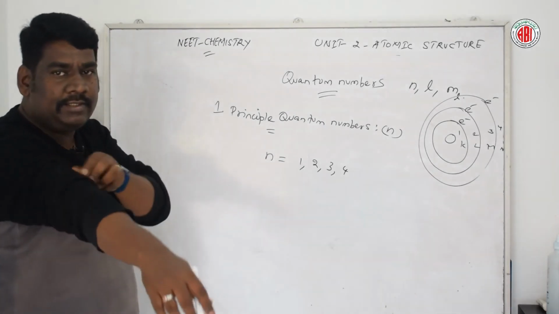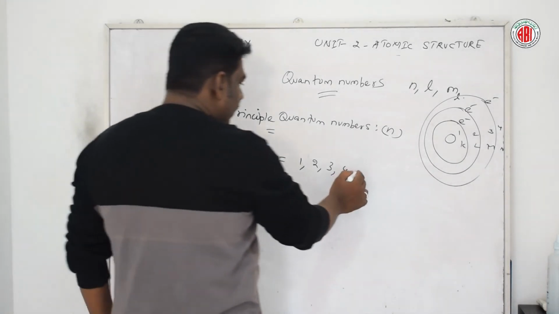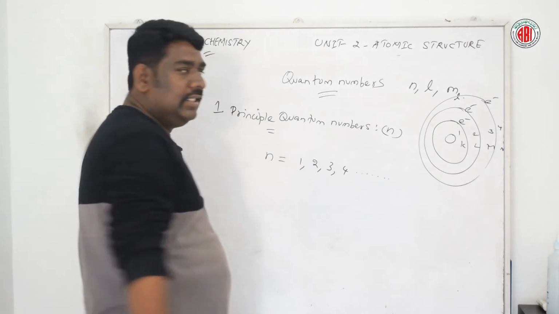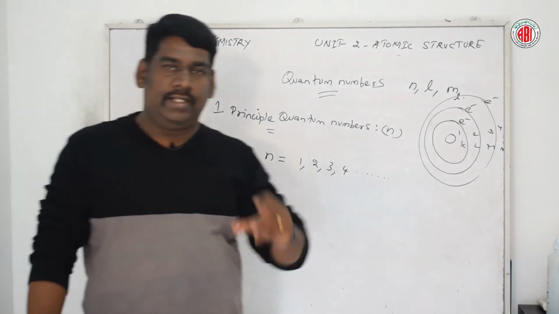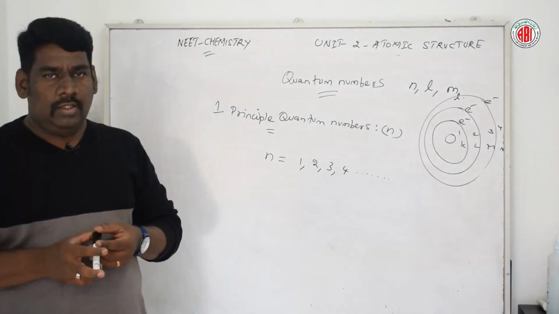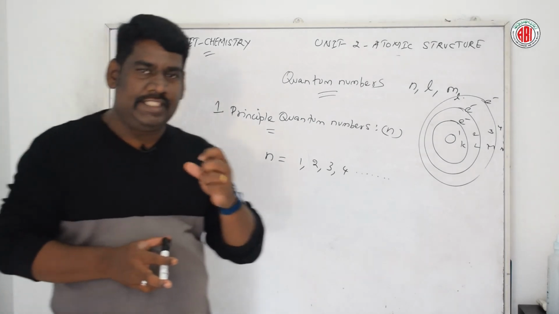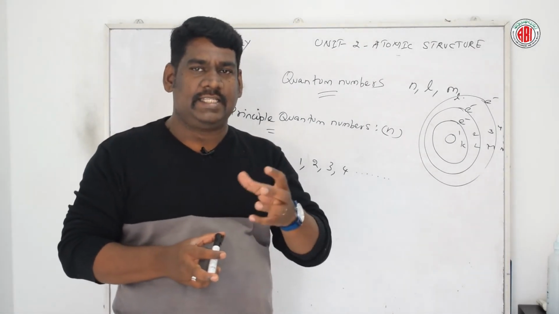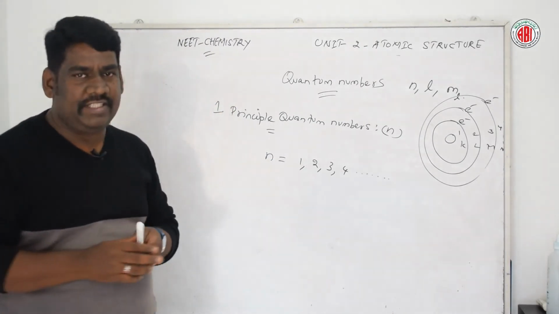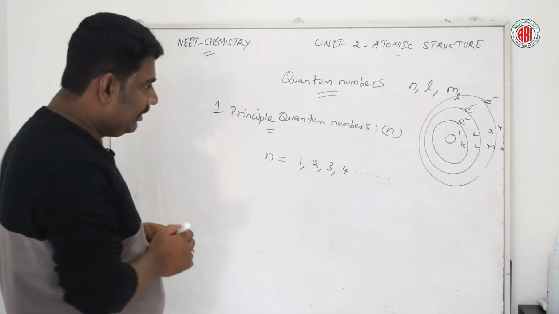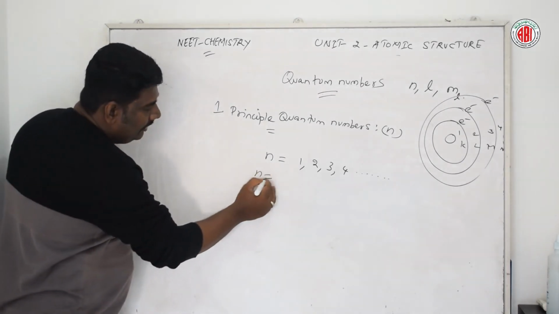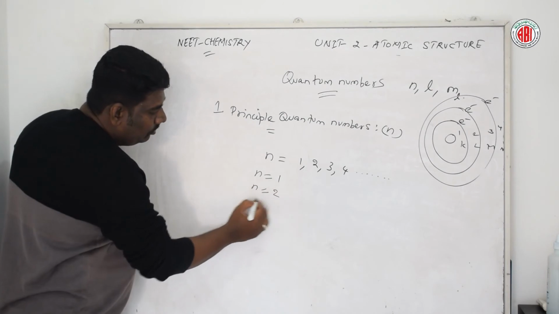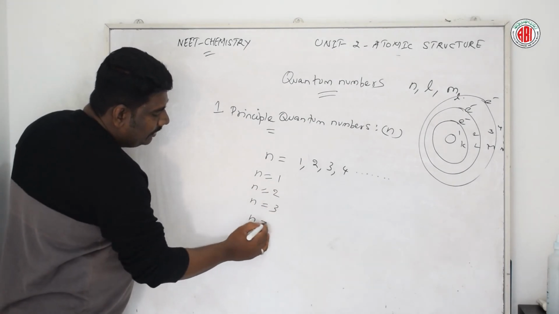It goes on depending on the number of electrons present in the definite shell. This quantum number is identified as shell, with n is equal to 1, n is equal to 2, n is equal to 3, n is equal to 4.